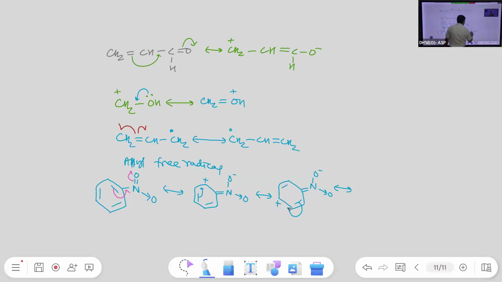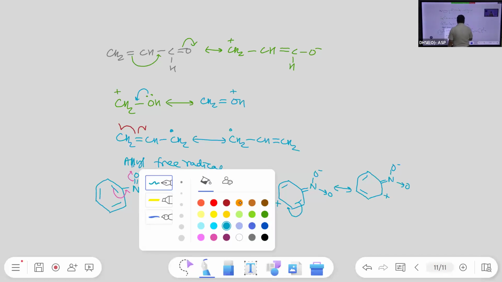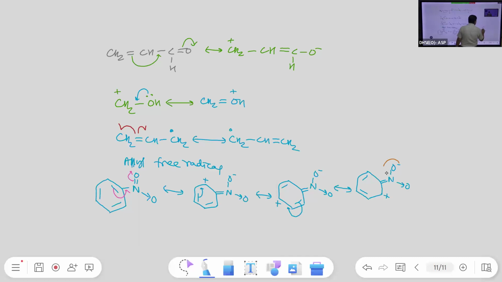Again, positive charge in conjugation with pi bond. Then the electron will come back. So the last structure can be this. Quickly draw.